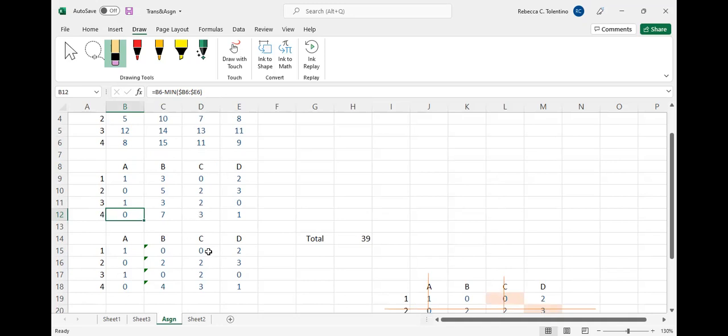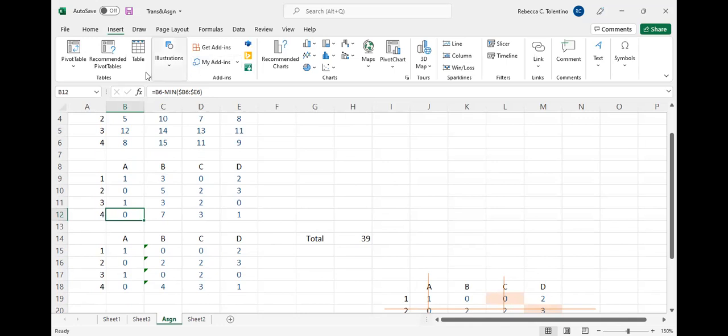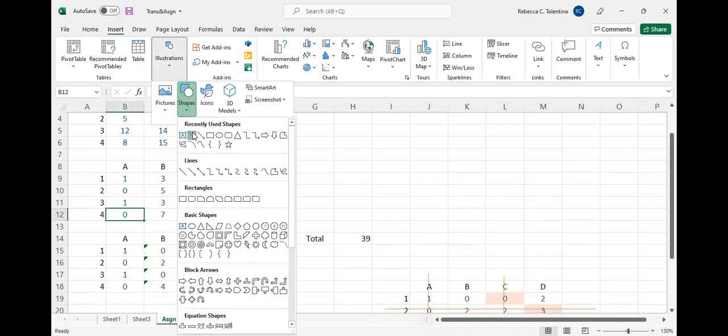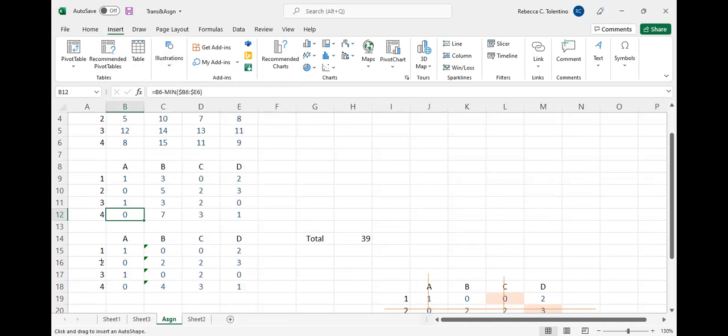Ito 0, so as is. And then we try to cover all the zeros. Okay, let me just use a line. So, I'll try to use one line to cover row 1.